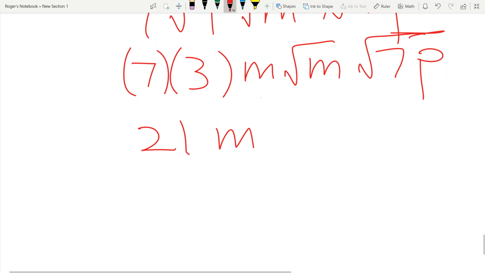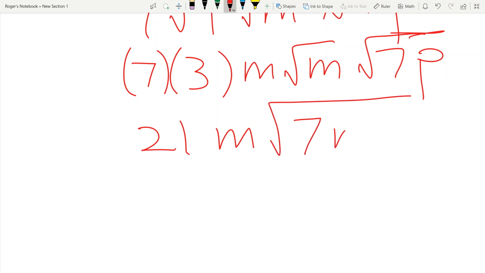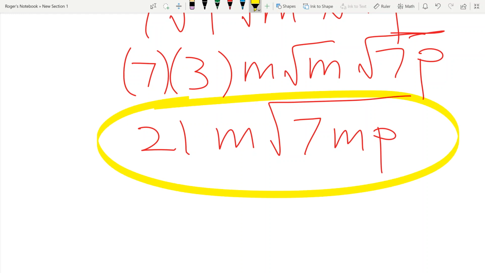So 21m times the square root of 7mp. 21m times the square root of 7mp. That's your simplified form right there.